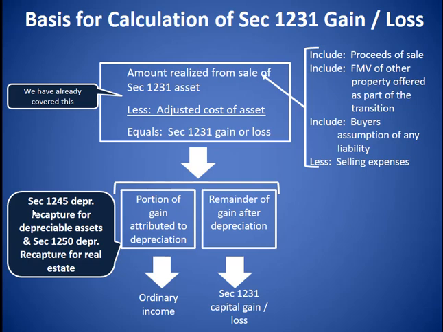So based upon our Section 1231 gain or loss, we have to recapture that portion that was already taken in depreciation and include that part of the gain as ordinary income. And the remainder of the gain after depreciation would then be attributable to a Section 1231 capital gain or loss.